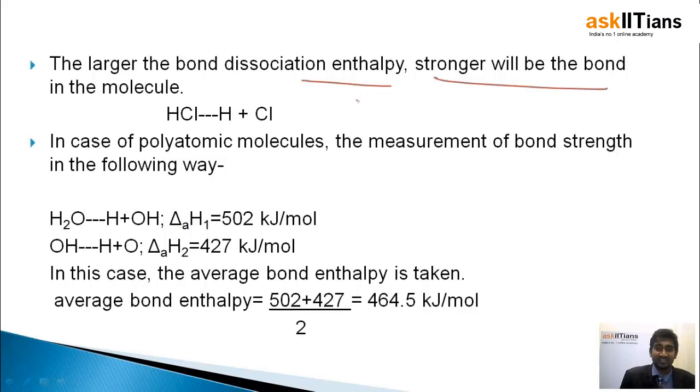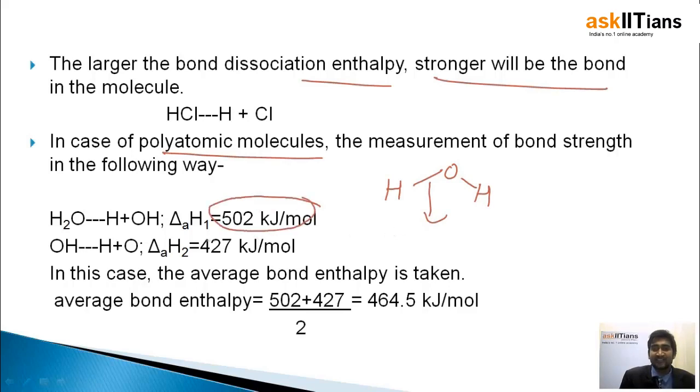Sometimes we take average bond enthalpy, and that is in the case of polyatomic molecules. See here, H2O. Suppose if I break the bond here, first H and OH. Suppose this bond gets broken first, so that requires this much energy.